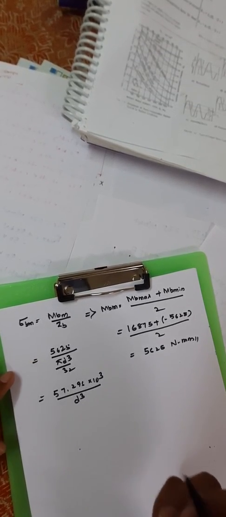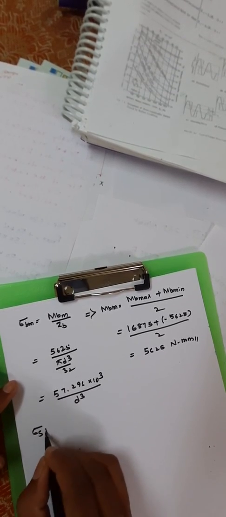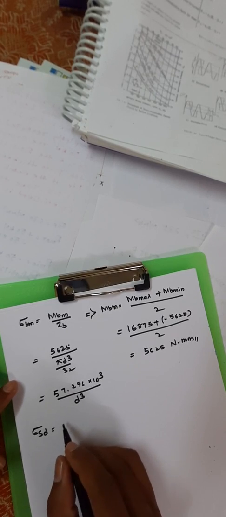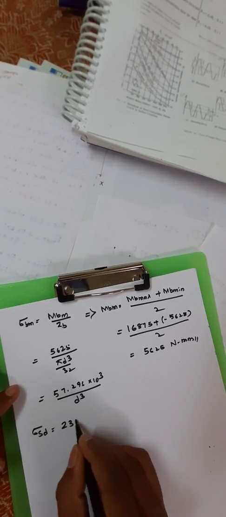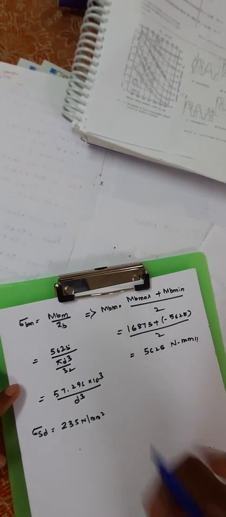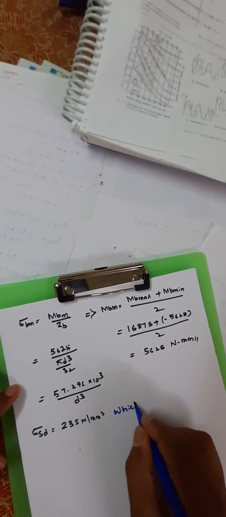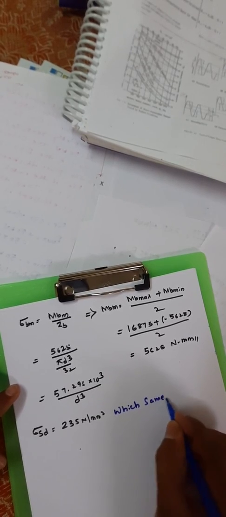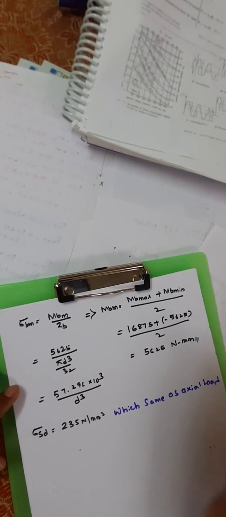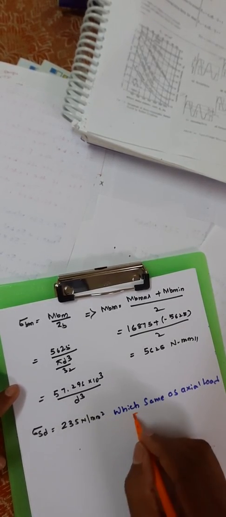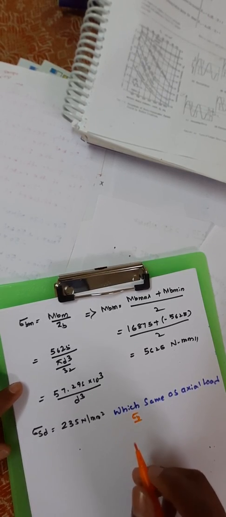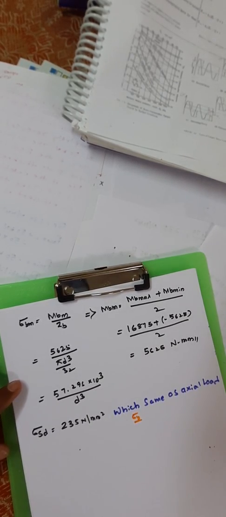Now sigma SD, we already found for the axial load, which is 235 Newton per mm square. It is the same as the axial load, because the yield stress sigma y divided by the factor of safety n gives the same value.